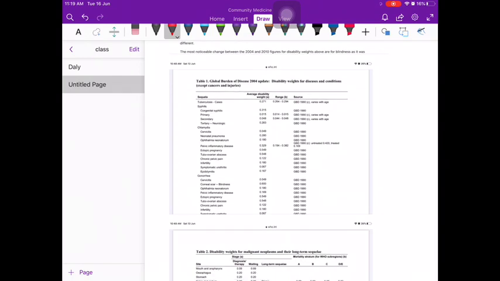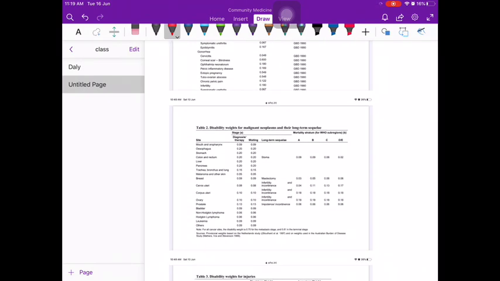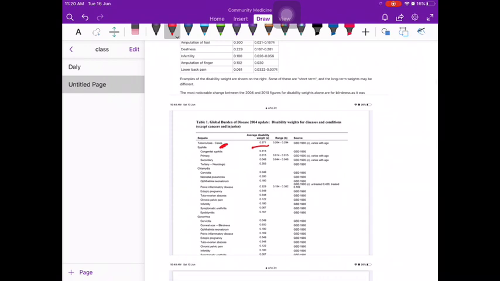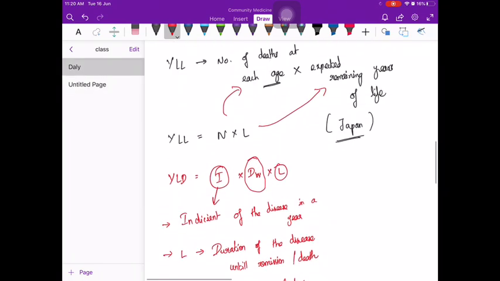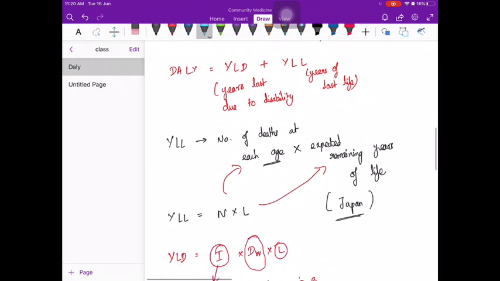And here we can see tuberculosis, the disability weighting is 0.217, and for oral cancers, the disability weighting is 0.09.